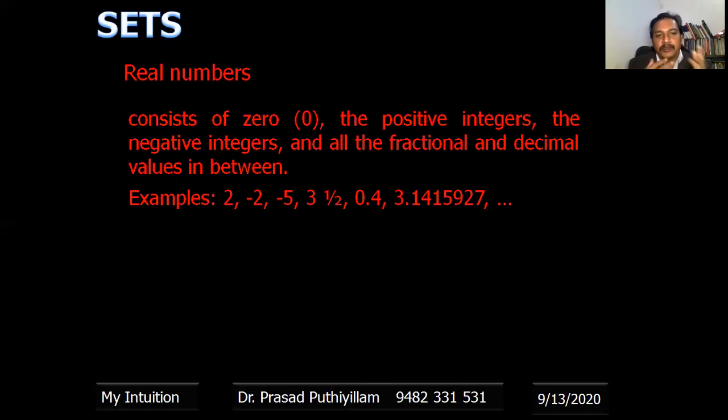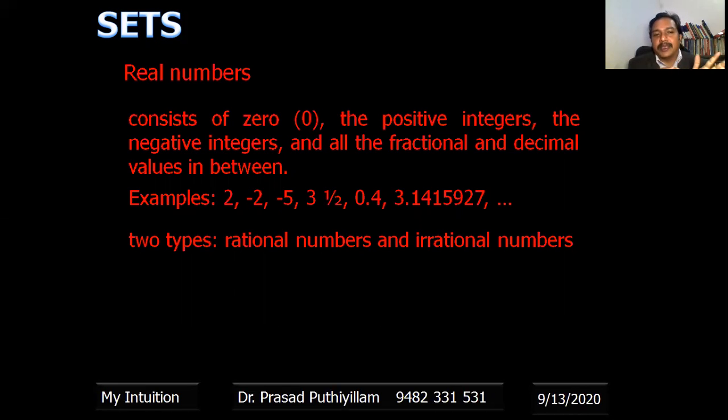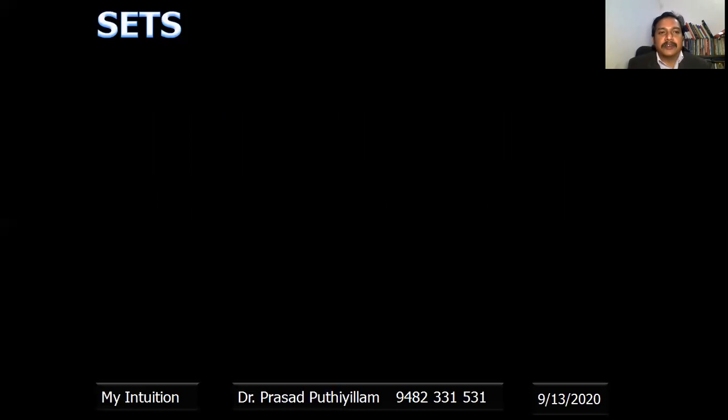For example: 2, -2, -5, -4, 3 and a half, 3.2, 0.4, 3.14, 15927, etc. All these can be treated as real numbers. There are two types of real numbers, rational numbers and irrational numbers, whereas non-real numbers are imaginary.